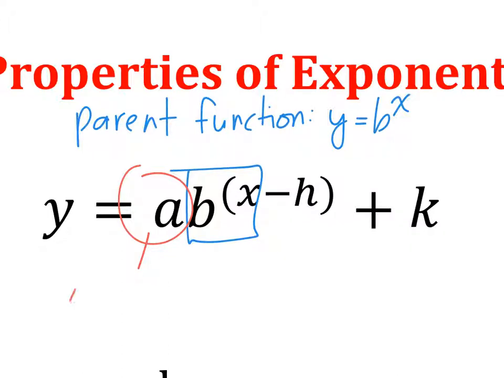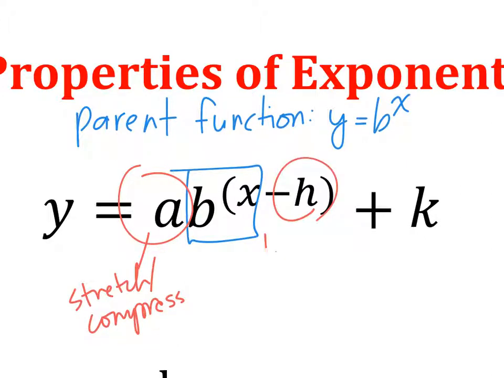Just stretch or compress. Okay, Giselle, do you remember what H does? Moves left to right. Yeah, left and right. And then Rula, do you remember what K does? Up and down.